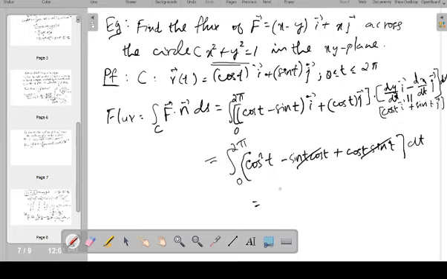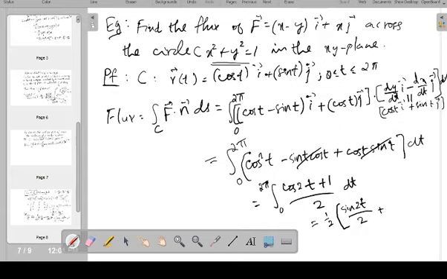It is cos 2t plus 1 whole divided by 2, integral 0 to 2 pi dt, which is equal to 1 by 2 into the integral of cosine, which is sin 2t divided by 2, plus t between the limits 0 to 2 pi.